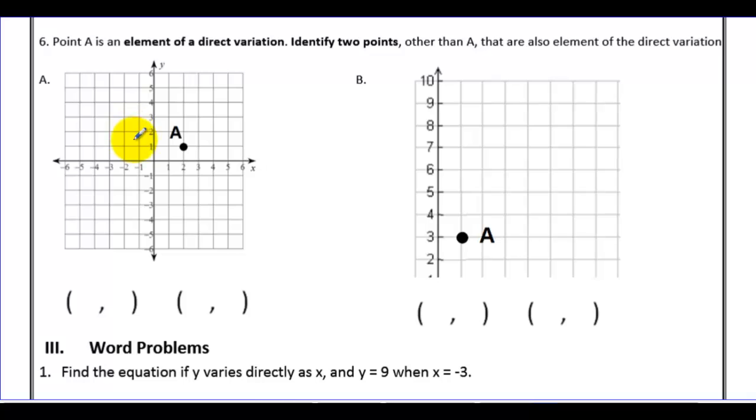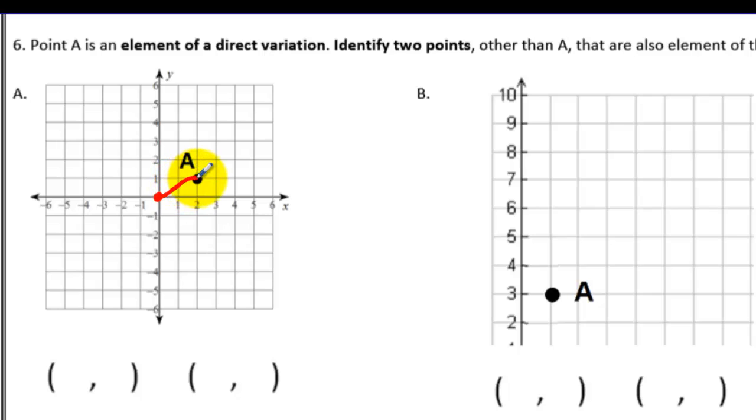Our next problem. So we have here point A, and it says that point A is an element of a direct variation. Now let's find 2 other points other than A that are also elements of the direct variation. So the best way to solve this type of question is by finding the slope of your line that will start here and end at point A. So what is our slope?